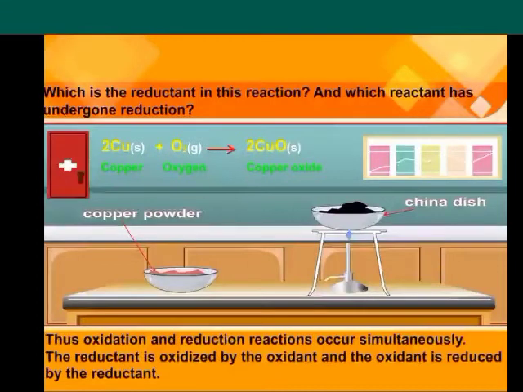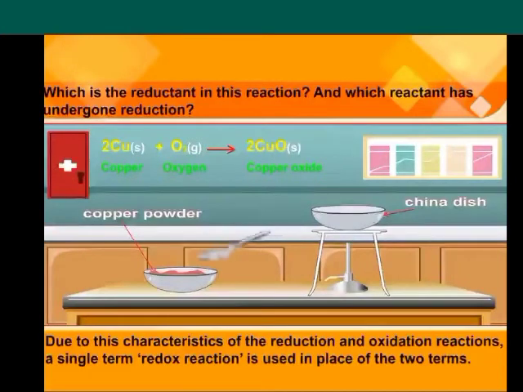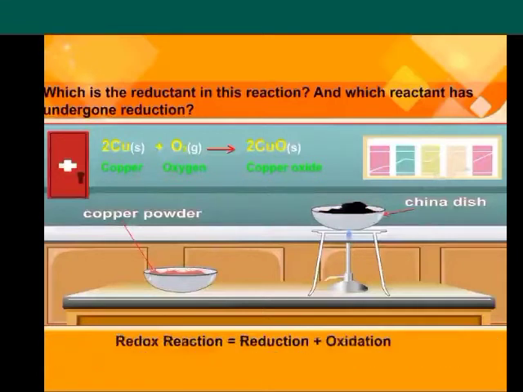Thus, oxidation and reduction reactions occur simultaneously. The reductant is oxidized by the oxidant and the oxidant is reduced by the reductant. Due to this characteristic of reduction and oxidation reactions, a single term, redox reaction, is used in place of the two terms. Redox reaction equals reduction plus oxidation.